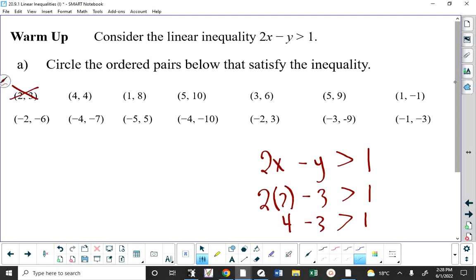I'm going to give everybody 3 or 4 minutes here, and I want you to determine which, if any, of those points make the inequality true.